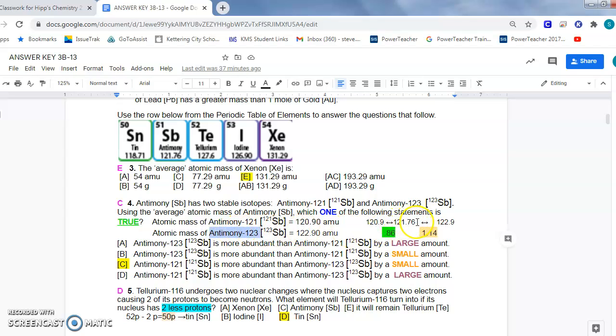Why? Because the average mass is closer to the mass of 121, which is 120.9. Now, is it dramatically closer? No. So what can we conclude? That 121 must be more abundant than 123 by a small amount, not a large amount.